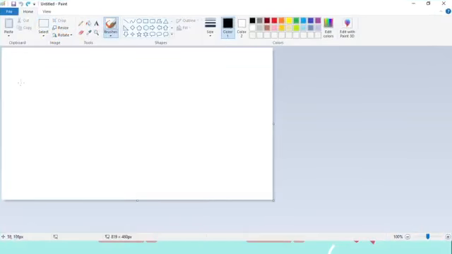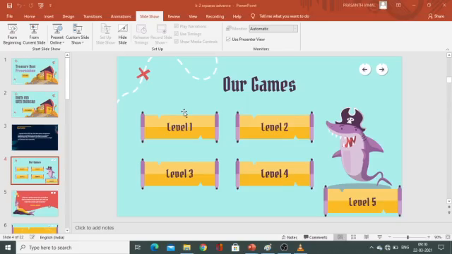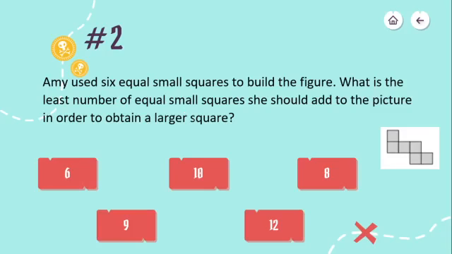She used 6 small squares. Okay, how many squares does she want extra to make a big square like this? Okay, from this picture you can see 1, 2, 3, 4, 5 and 6.